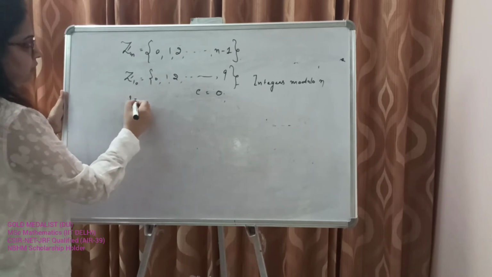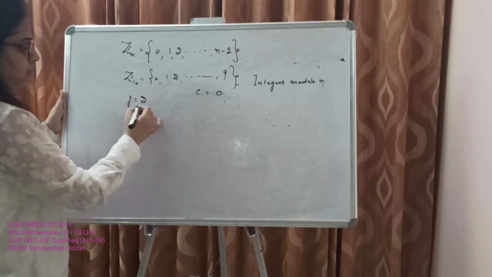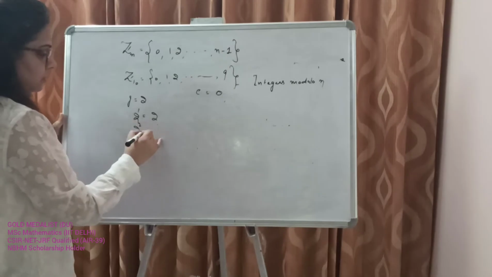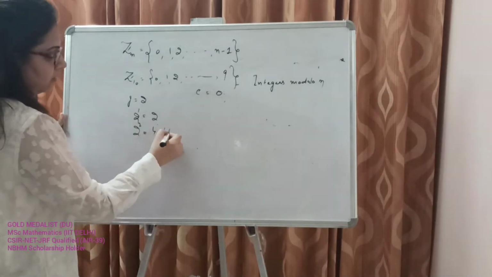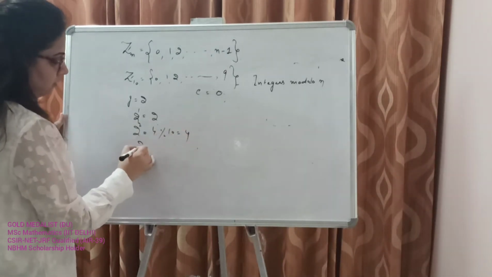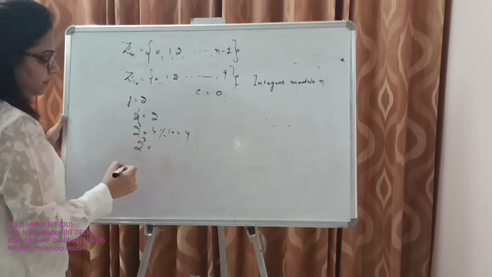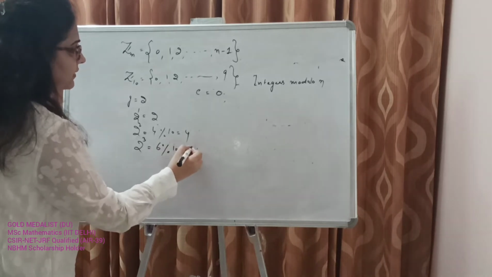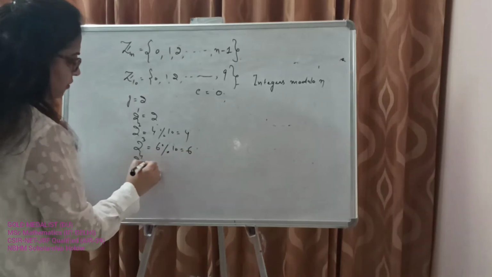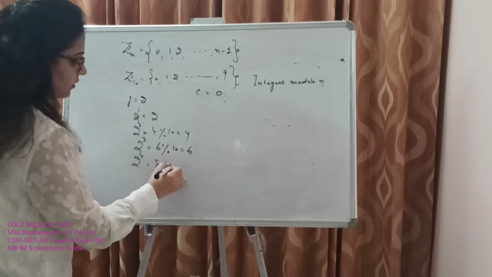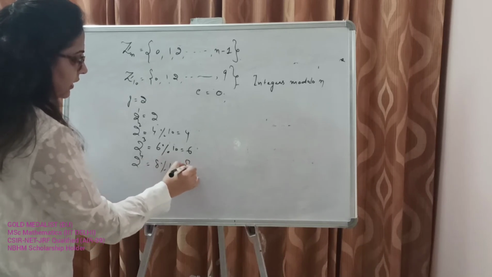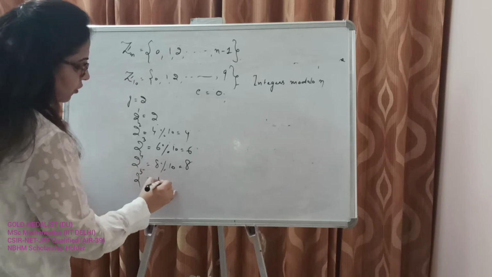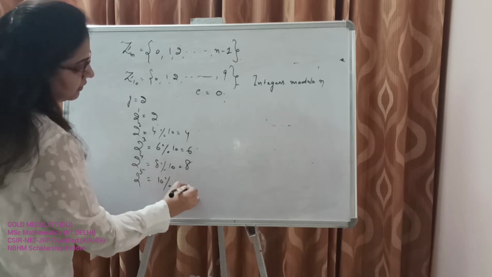Now g is equal to 2. 2 times 1 is 2, 2 times 2 is 4 modulo 10, which is 4, 2 times 3 is 6, 2 times 4 is 8, and 2 times 5 is 10 modulo 10, which is 0.